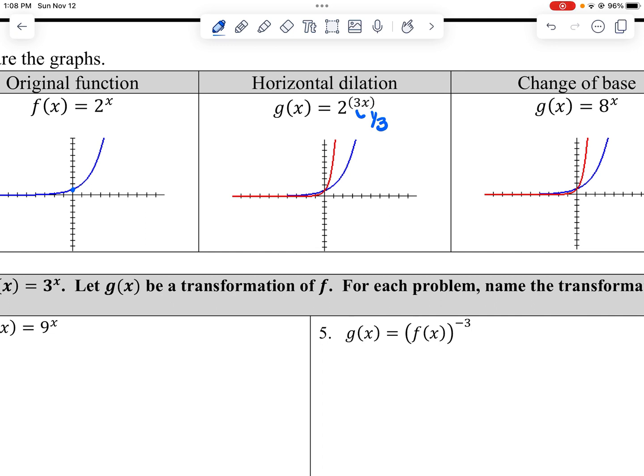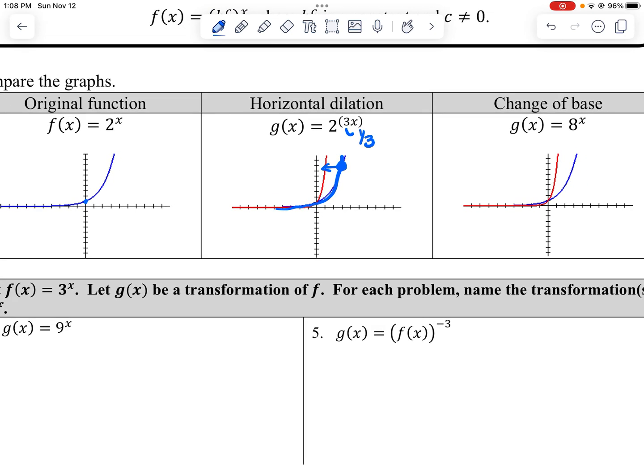I think our scale might be a little off on that, but we'll still be able to understand this. Okay, so our original is here, and it was a horizontal dilation of 1/3. So it's taking all our exponents, for example, this was 3 and bumping it back to 1. Our scale must be off on that one.